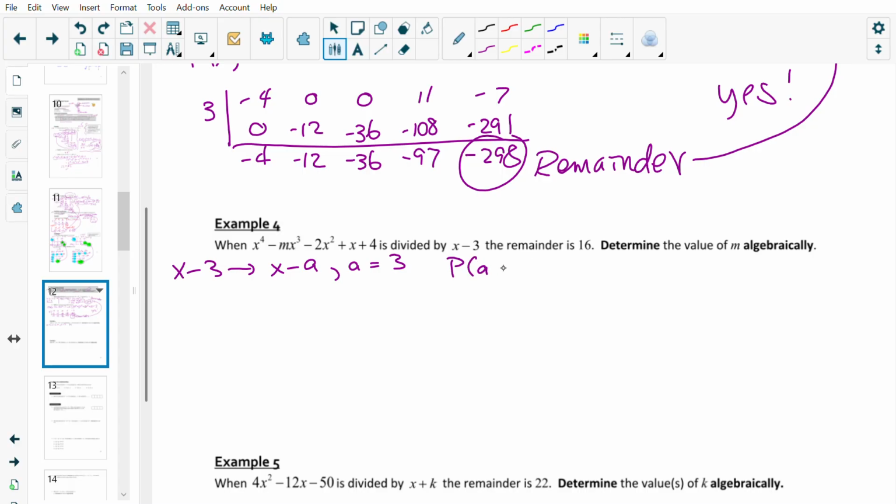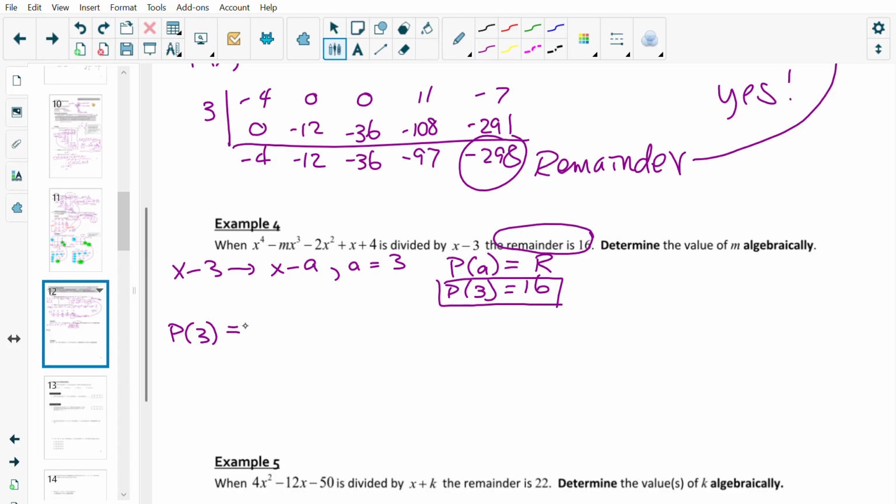So remember, the remainder theorem says p of a equals your remainder. So p of 3 must equal 16, which is my remainder. All right, so let's keep this in mind.